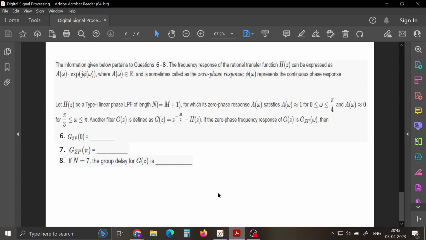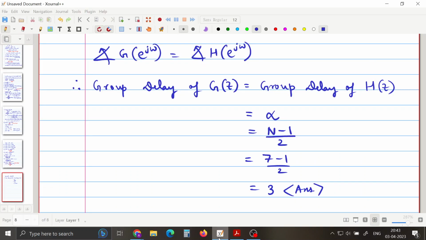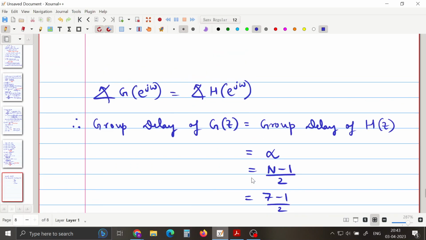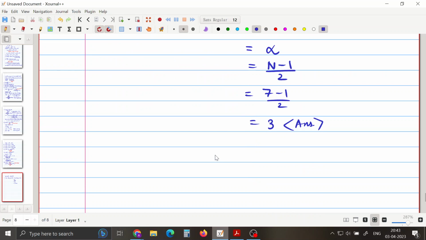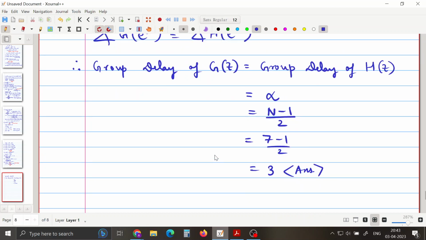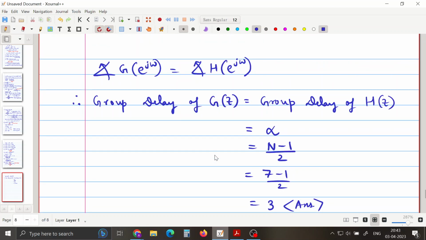Group delay for G of z if N equals 7. Actually I should write for. For is a more appropriate word instead of if. It's in the question also, it's given for, so I will stick to the exact same term.